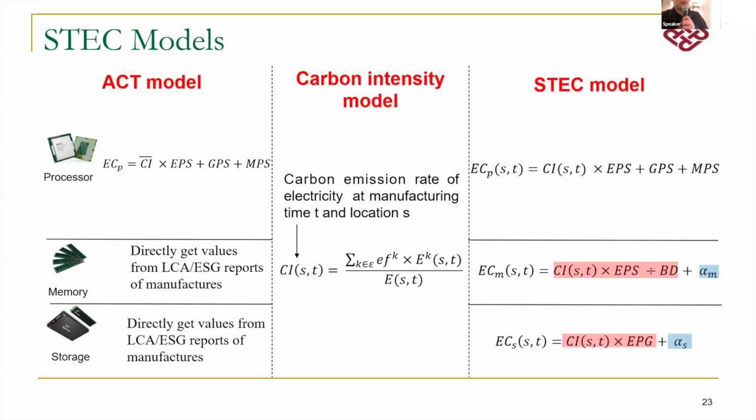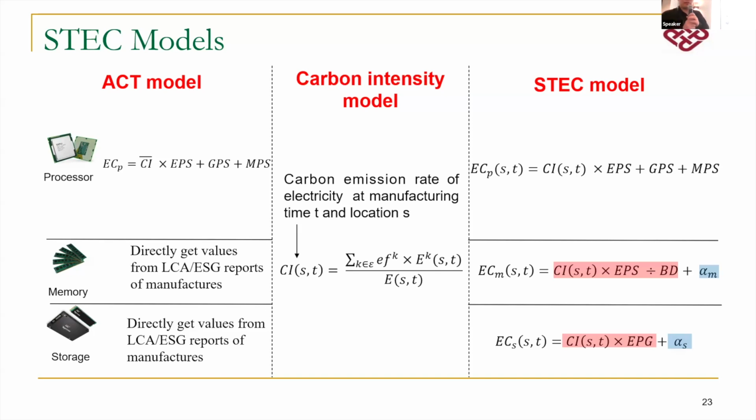For example, the carbon of processors can be calculated by CI with location S and time T, multiplying the EPS, which is the electricity consumed per size, and then plus this GPS, which means carbon from chemical gas, and then plus this MPS, which means the materials per size.